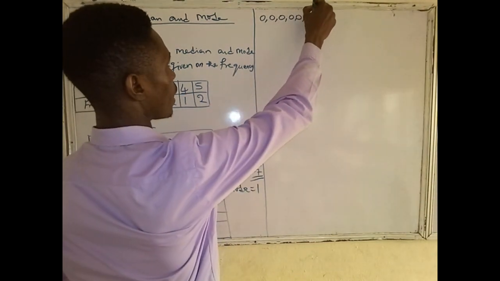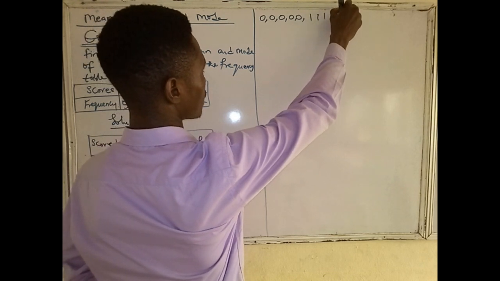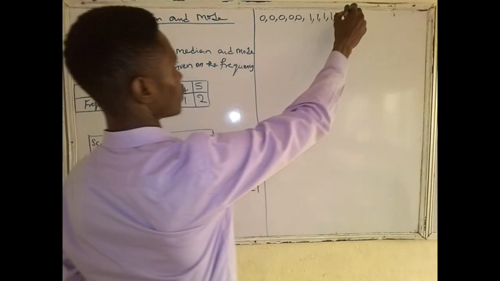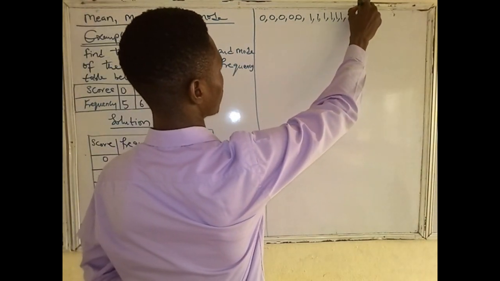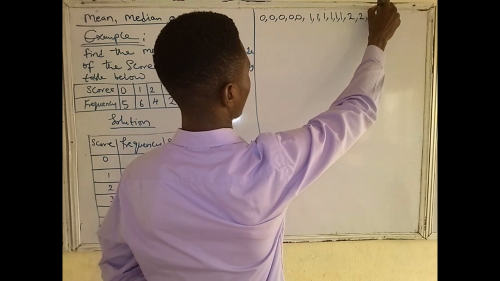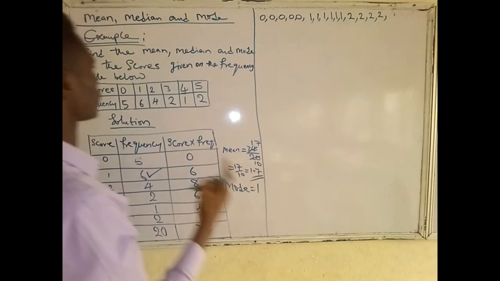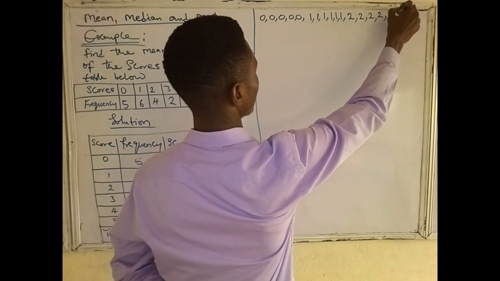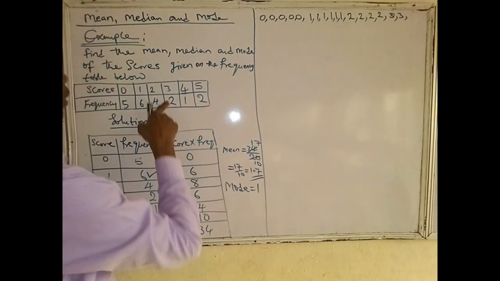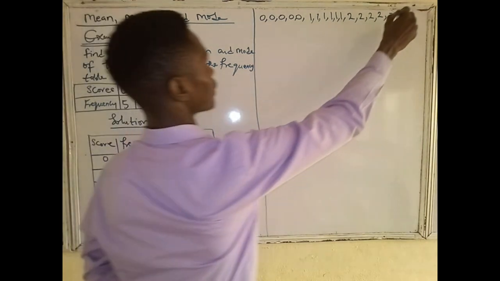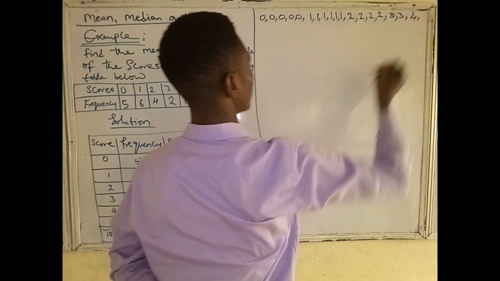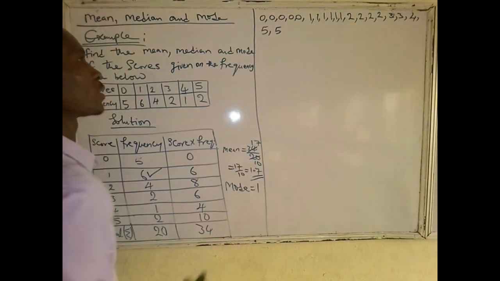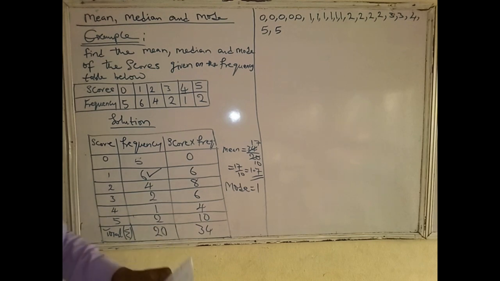So this is 1, 2, 3, 4, 5, 6. 2 appears 4 times. So this is 1, 2, 3, 4. Then 3 appears twice. 4 appeared once. 5 appeared twice. So we have arranged it in ascending order.